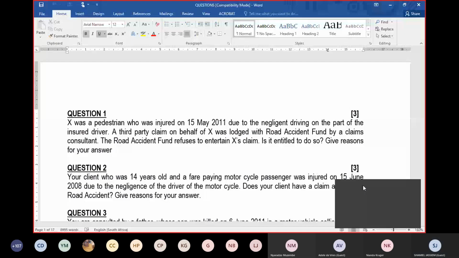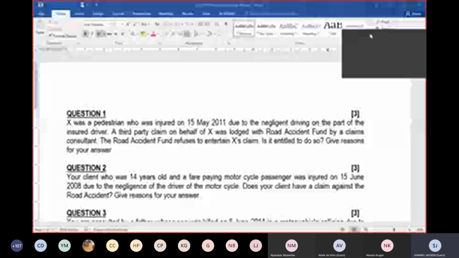I'm not going to do all of this. I can make this available to you as well, together with a memo, which I will only be able to attend to by the weekend. So by next week, if you want this, you can just send me an email asking for the questions and the memos of the previous exam question papers that I've put together.